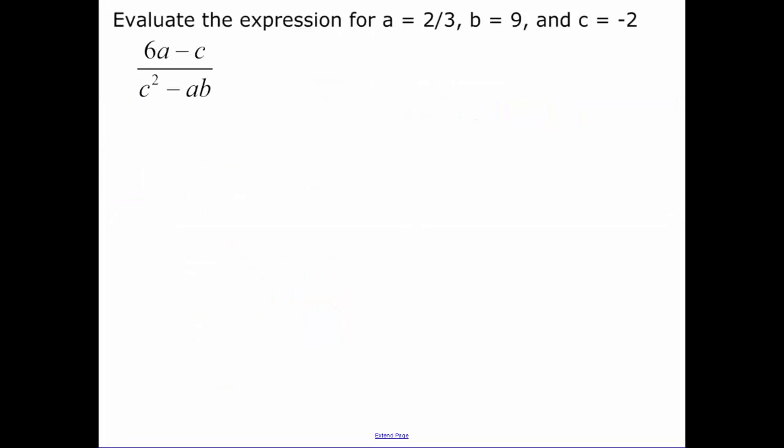Our first example, we're going to be evaluating the expression. We have A, we have B, and we have C. So we're going to substitute in. We have 6A, where A has a value of 2/3, minus C, which is -2.